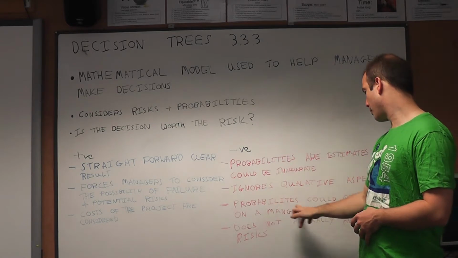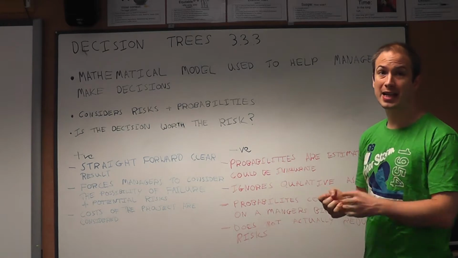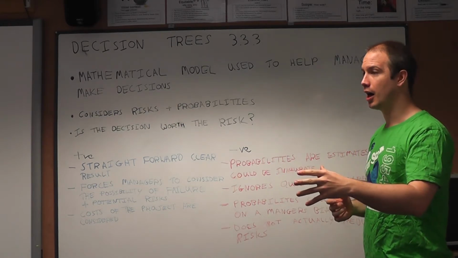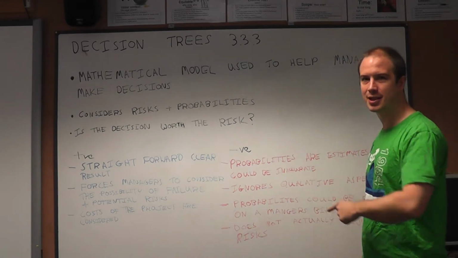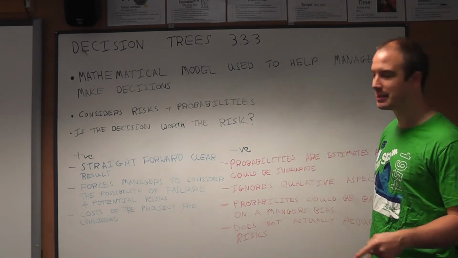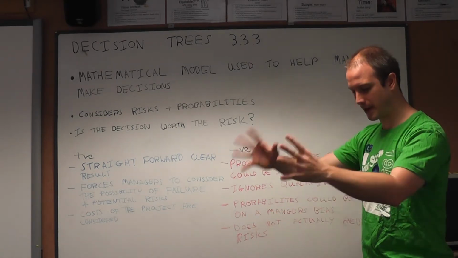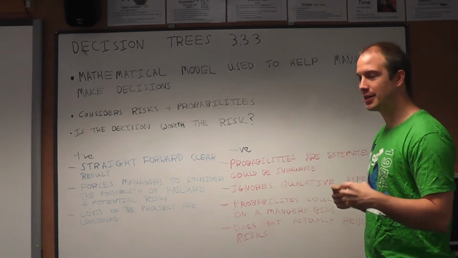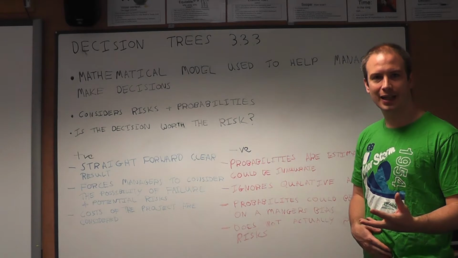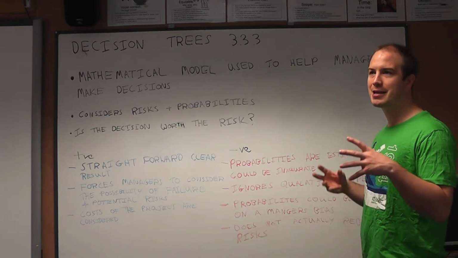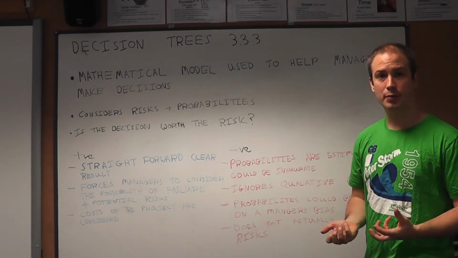Also, probabilities could be based on a manager's bias. What we mean by that is a manager could be thinking, I really want to take this course of action. This is going to be the finest ice cream marketing campaign. We're going to put all the resources into it. It's going to be my baby, as it were. And they might take real pride in that ice cream marketing campaign. But realistically, they will push that even if it's not considered profitable.